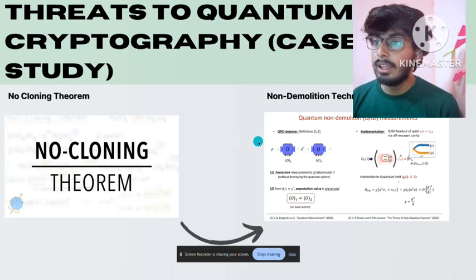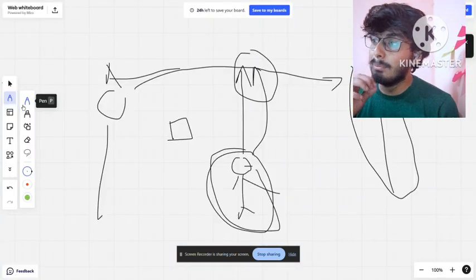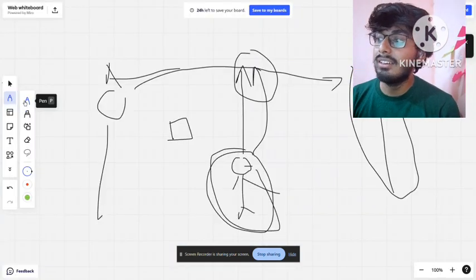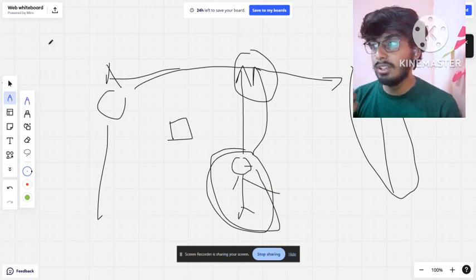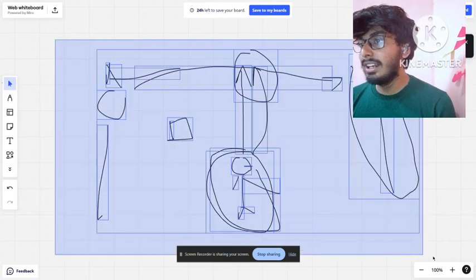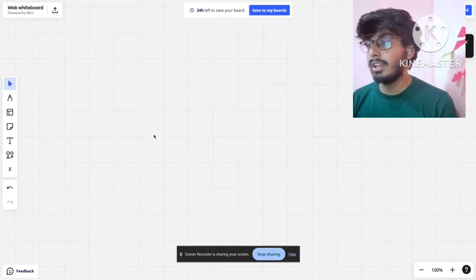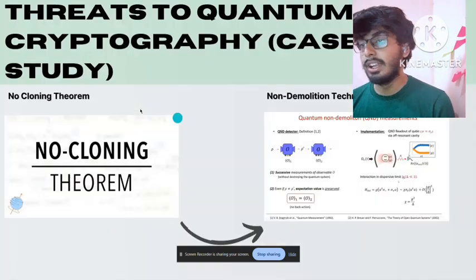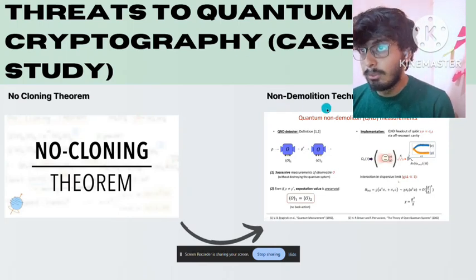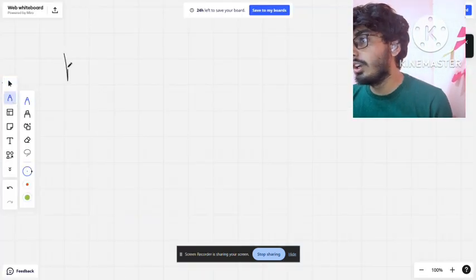But what if there is a way that we can still overcome this? There is a way which is not very advanced right now, but it can be a potential threat. It is known as the non-demolition technique. So what is the non-demolition technique?